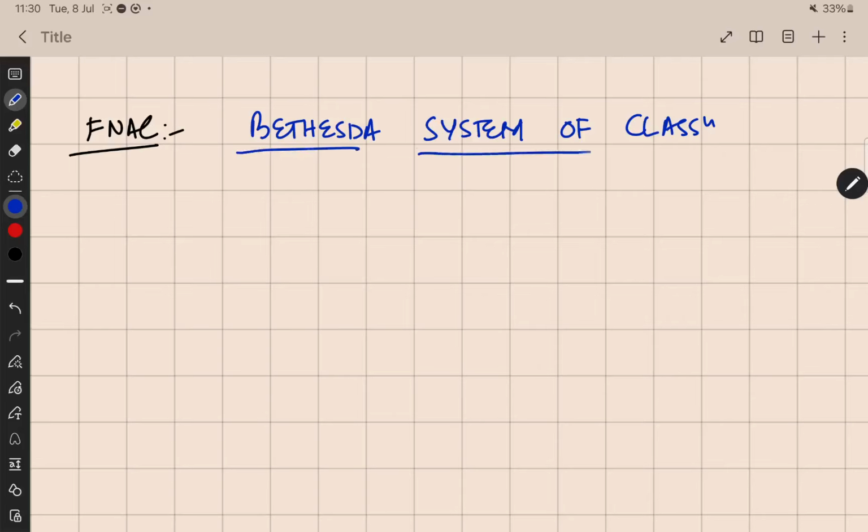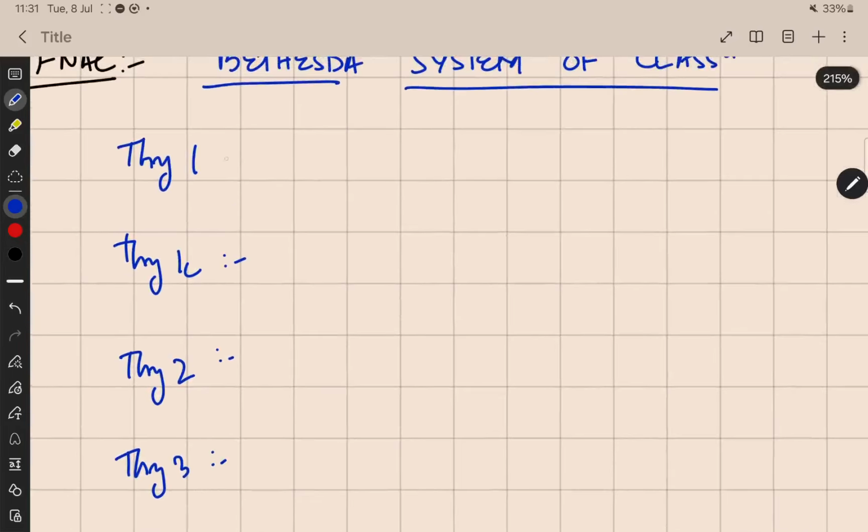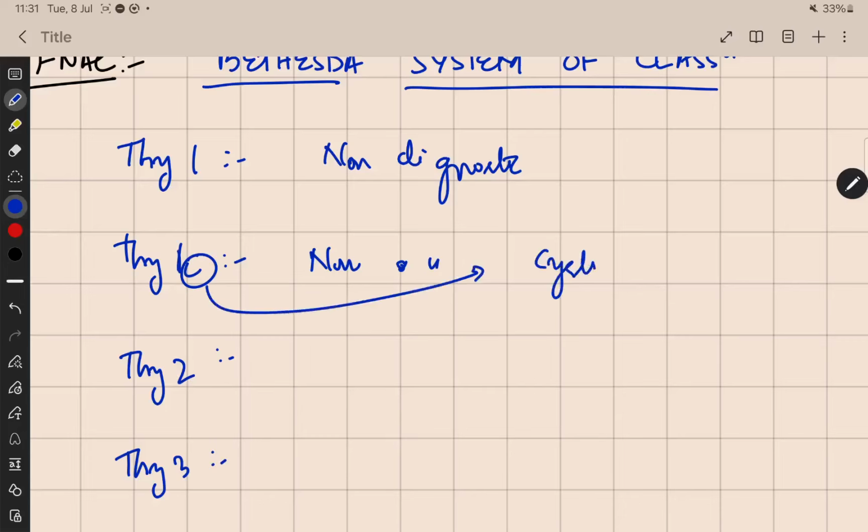This is also taken directly from Bailey and Love. So we can divide it as Thy 1, Thy 1C, Thy 2, Thy 3, Thy 4 and Thy 5. Thy 1 is non-diagnostic and Thy 1C is non-diagnostic, C for cystic, right?